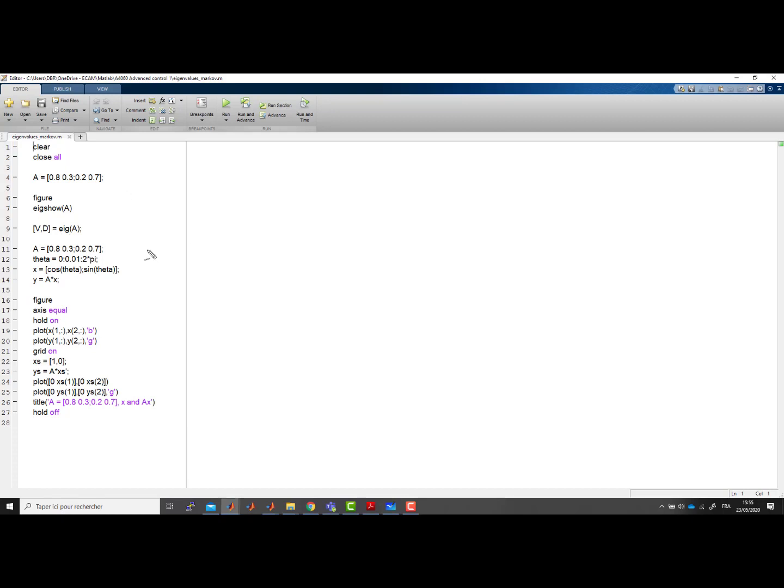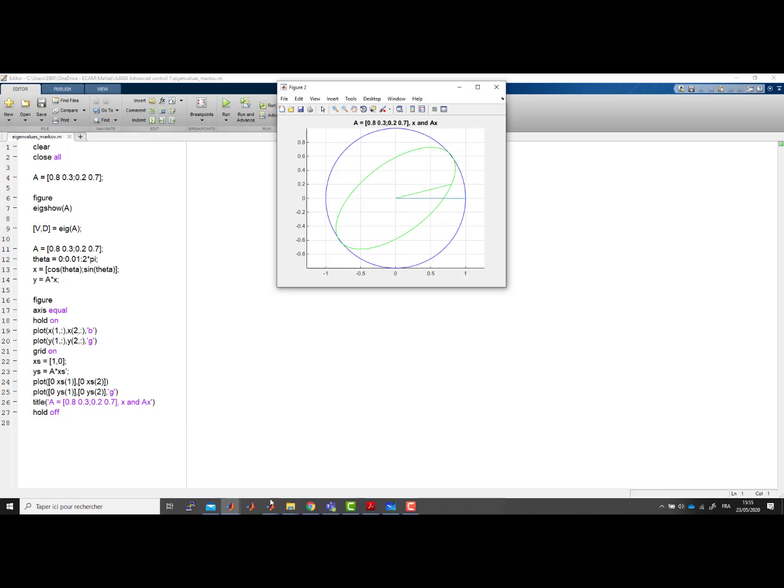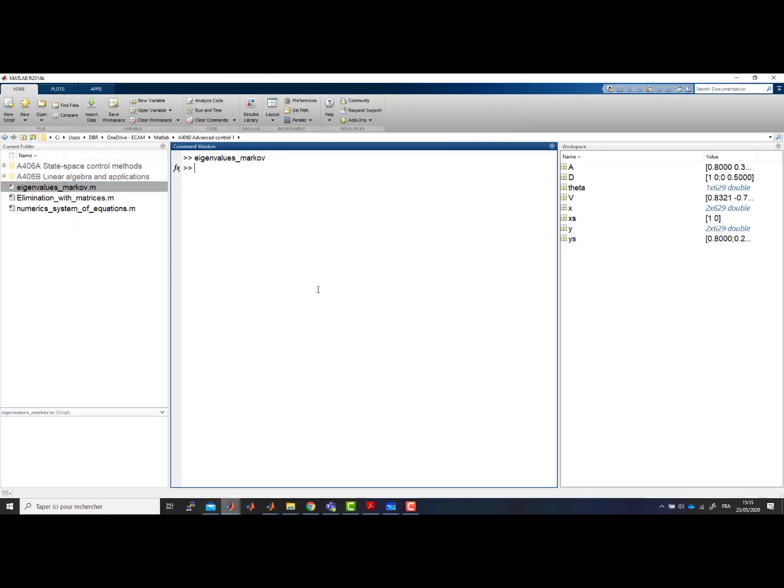Okay, so if we run this, I've got two figures, but I just want to show you V. Okay, these are the eigenvectors, but they are not exactly the ones that are in the slides because they have been normalized. Okay, so if you take the length and the norm of the first column, you will see that it's 1.